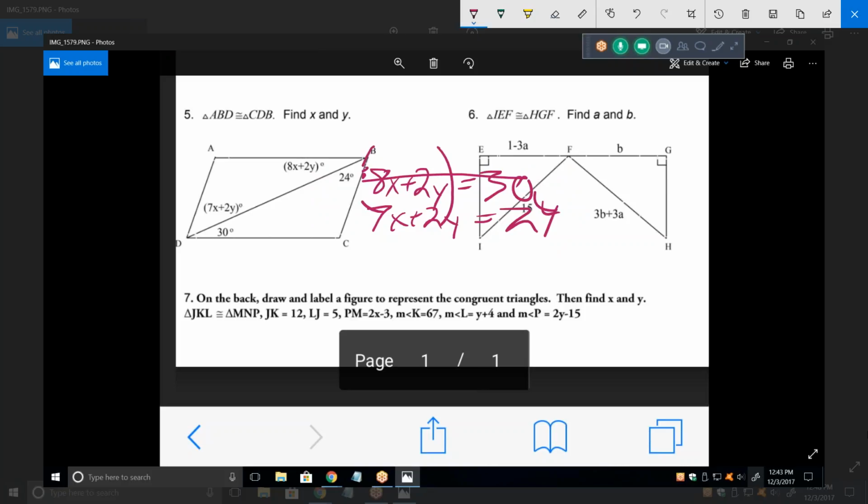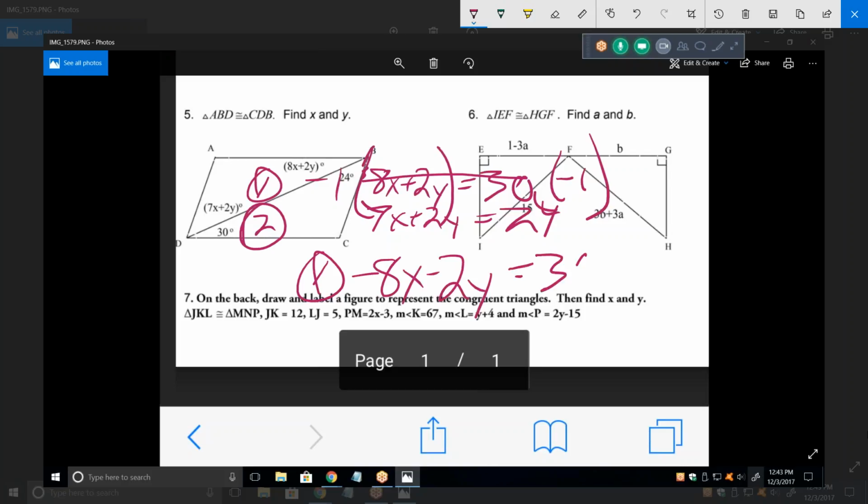Let's multiply it by -1. And now we're going to add the two equations. So what's our new equation? -8x minus 2y equals -30. Now you have to add equation 2 to the new equation 1. What do you get?